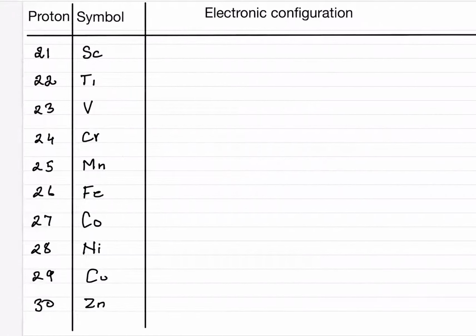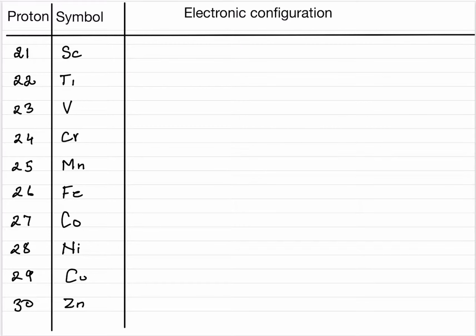Let's move on. Now, let's do some more electronic configurations of some little difficult elements. So let's start with scandium. Again, I hope you remember that in the bracket we write argon, which is 18. So 18 electrons are already taken. This is a shorthand method of writing.